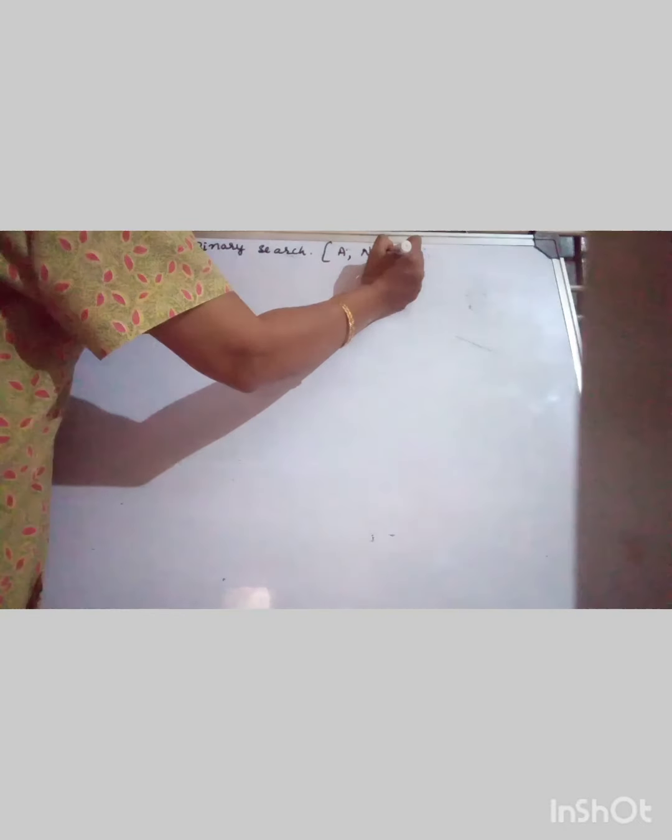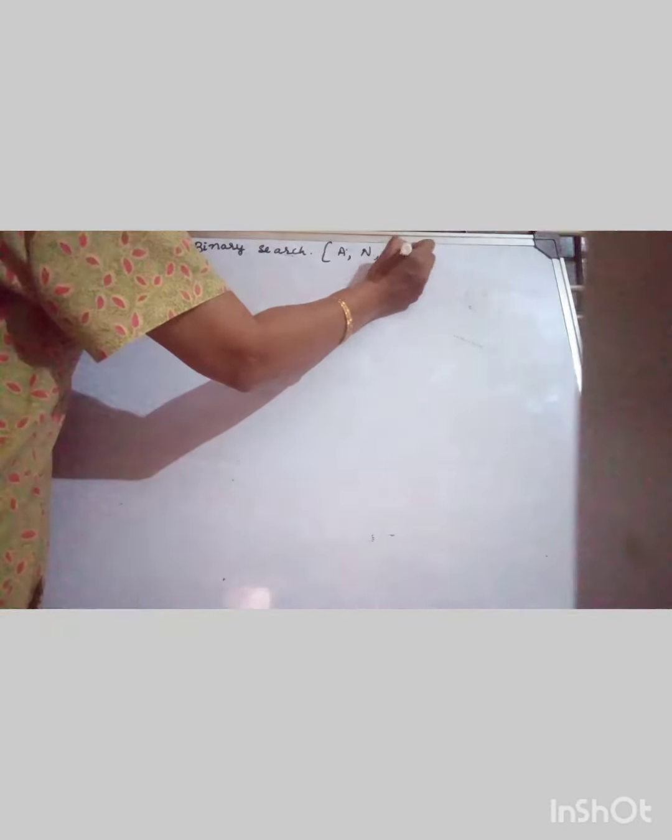This is an algorithm where A is a linear array which contains n number of elements. ELE is the element to be searched. In this algorithm, we are taking a sorted list. That means the elements have been arranged in ascending or descending order.